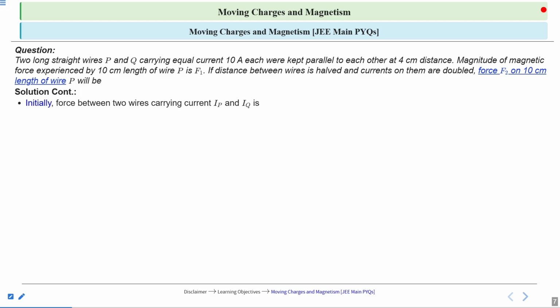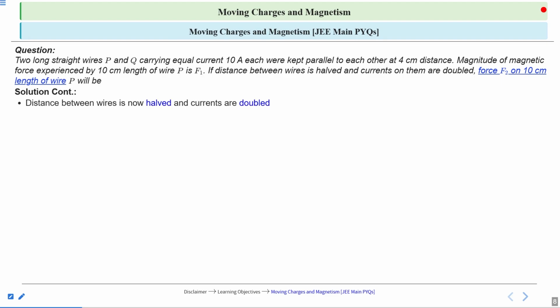If we are finding the force on a conductor of a particular length, and not taking unit length, then we have to multiply it by the length also. So the force between two wires carrying current IP and IQ is F1, and its magnitude will be mu naught IP IQ upon 2 pi D, this force per unit length multiplied by L. So what is L here? 10 centimeter of P. So mark it as first equation.